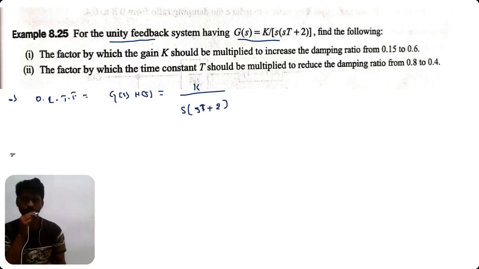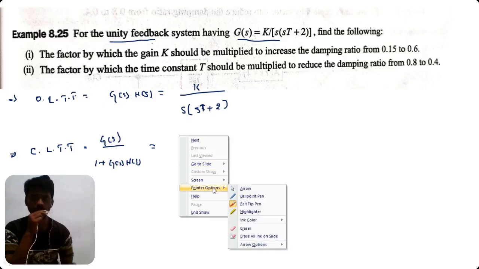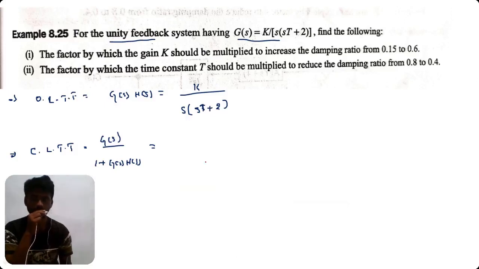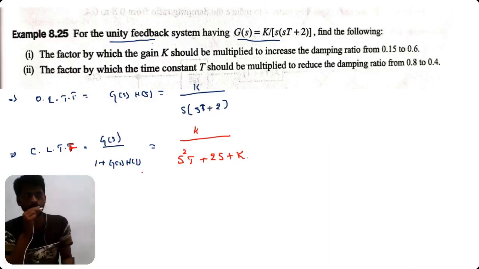So if you find the closed loop transfer function, nothing but G(s) by 1 plus G(s)H(s), then we will get the closed loop transfer function K by s square into T plus 2s plus K. Here the coefficient of s square is T. To compare this with a standard second order transfer function, the coefficient of s square must be 1.